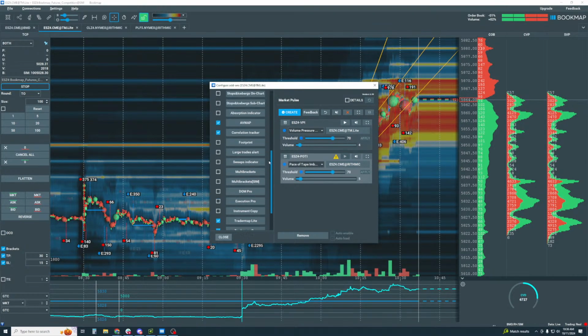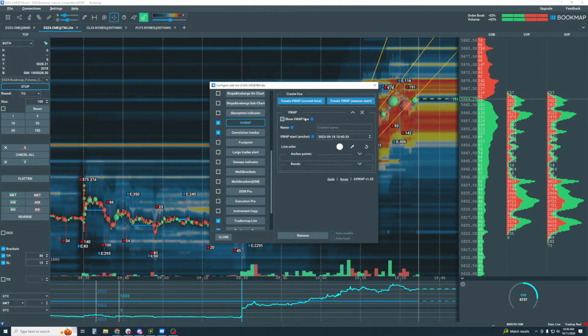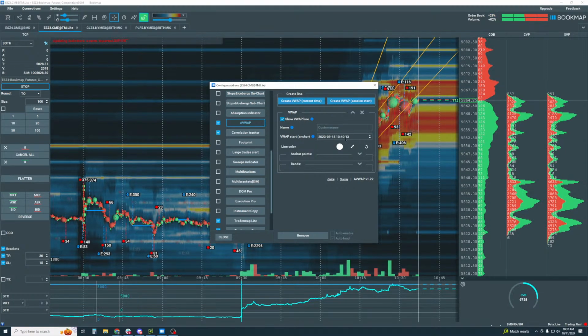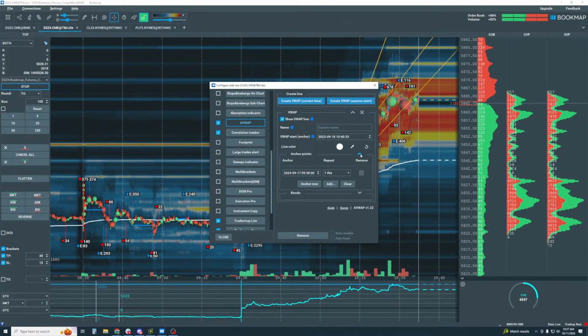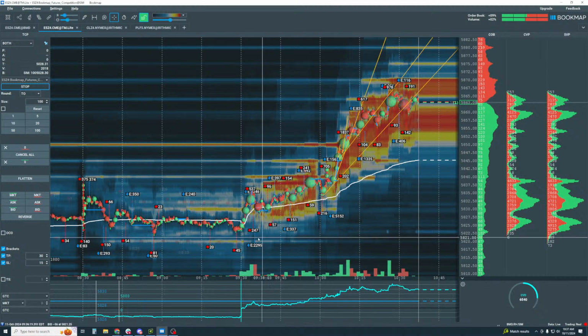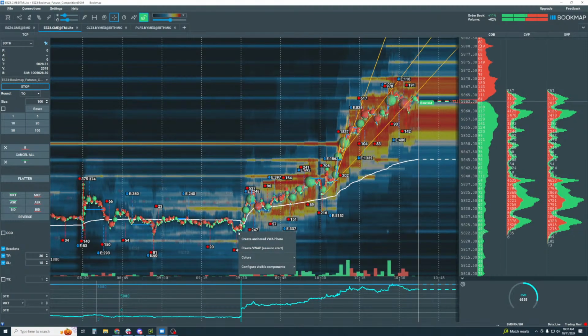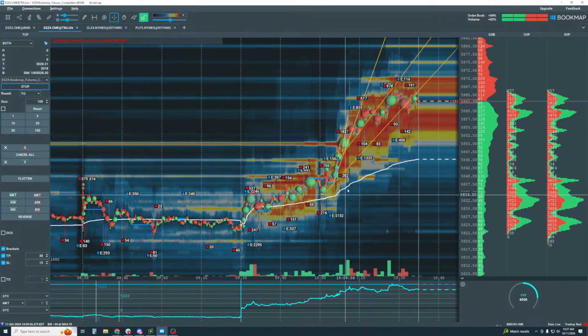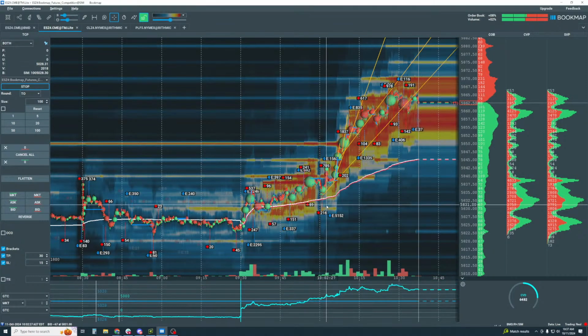But I do know that they're looking at VWAPs at specific areas. Here, let's just show the regular VWAP that resets at 9:30. Got that one here. Then we'll set another one. I'm going to right click in here, set an anchored VWAP here, and maybe even set another one here.